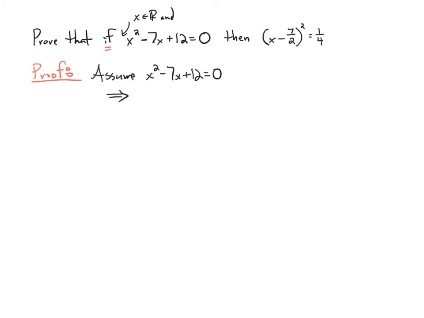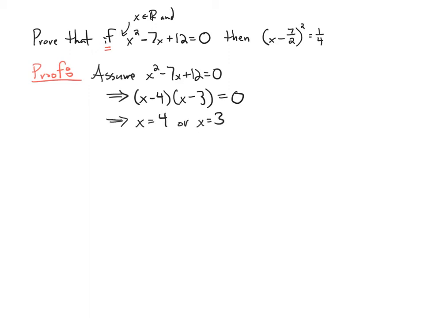Well, minus 4 and minus 3 do it. So I can rewrite this as (x minus 4) times (x minus 3) equals 0. You can check yourselves that if I multiply this back, I'm going to get x squared minus 7x plus 12.